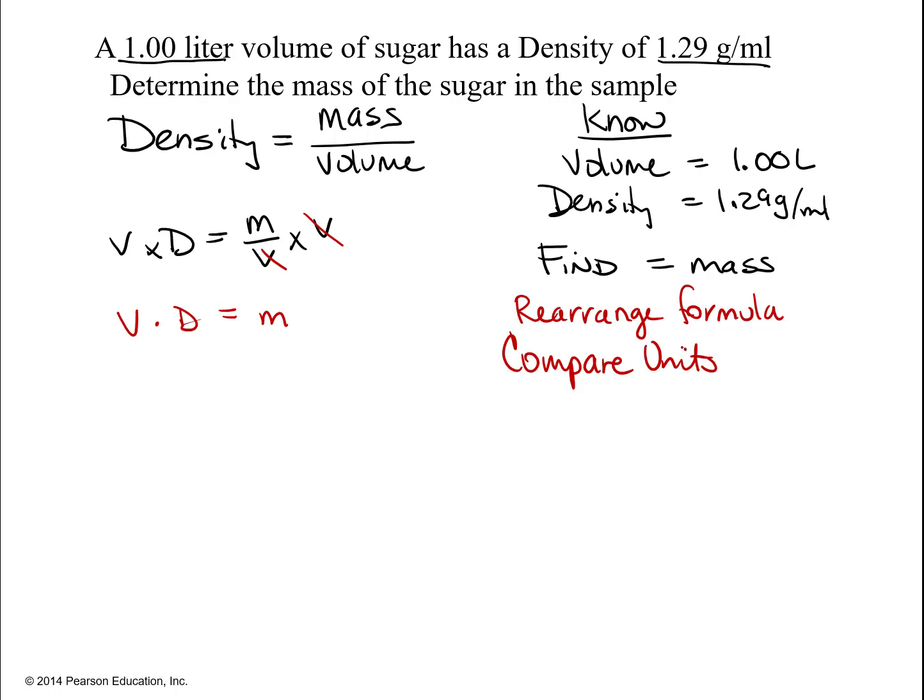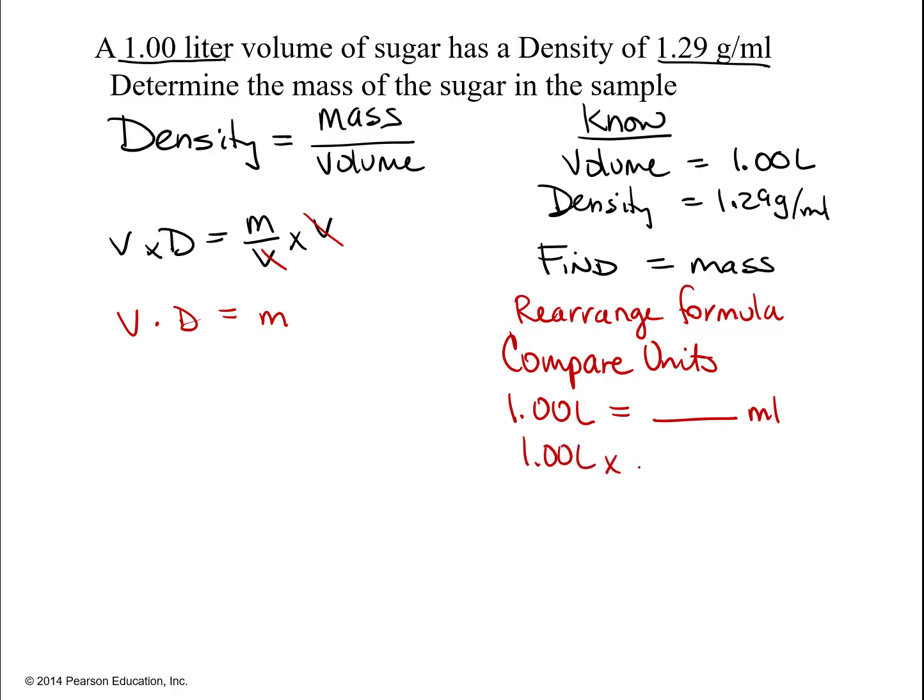Remember that you've got to make sure your units are the same so that they'll cancel when you do the math. I would always change the one that only has one unit. So I would change the volume number. If I have 1.00 liters, I need to change that to milliliters. That way, when I multiply density times volume, milliliters will cancel.